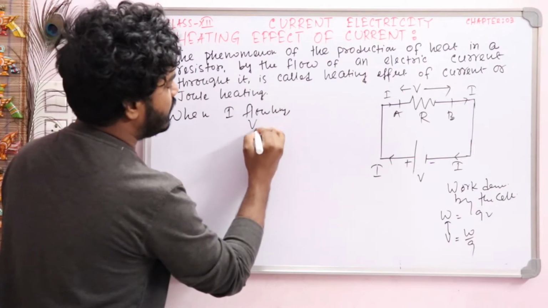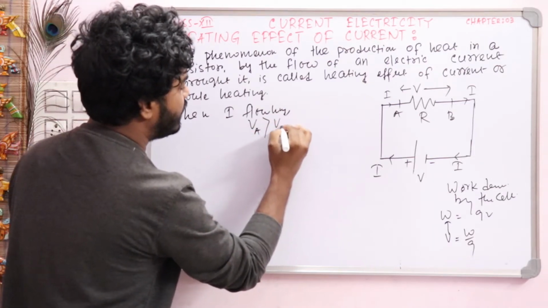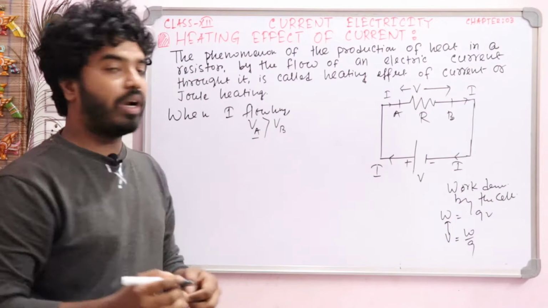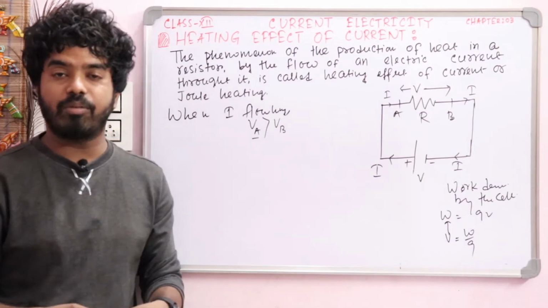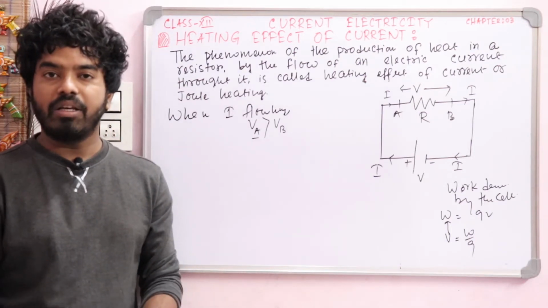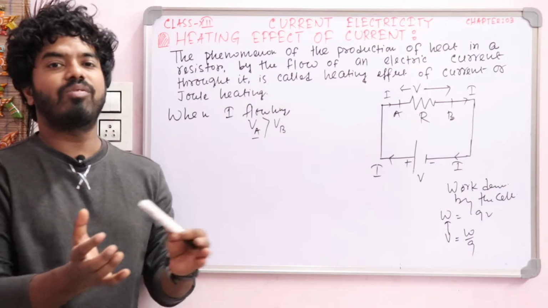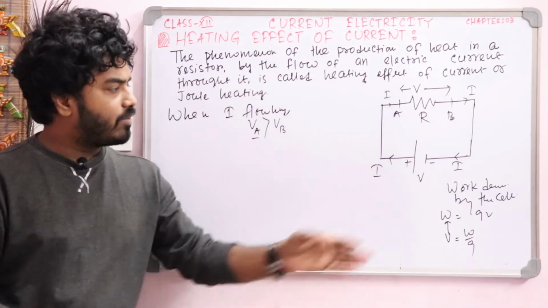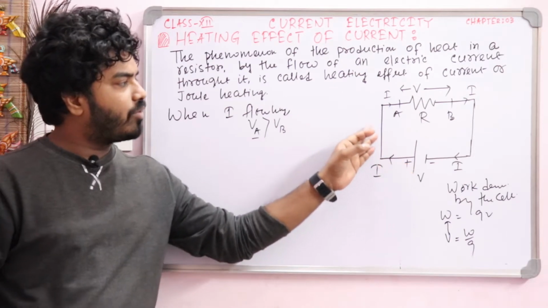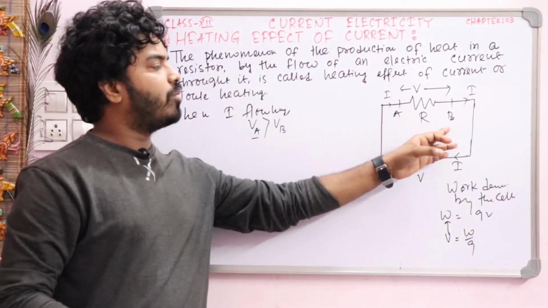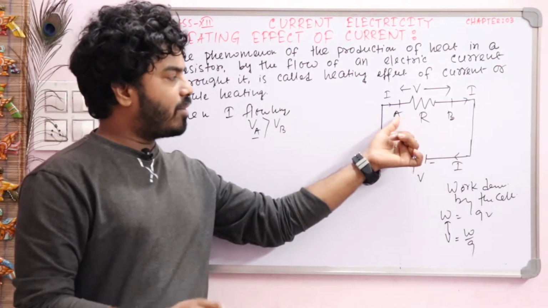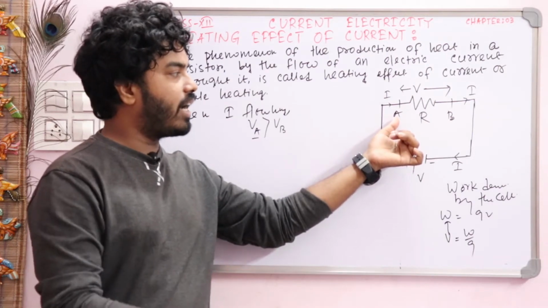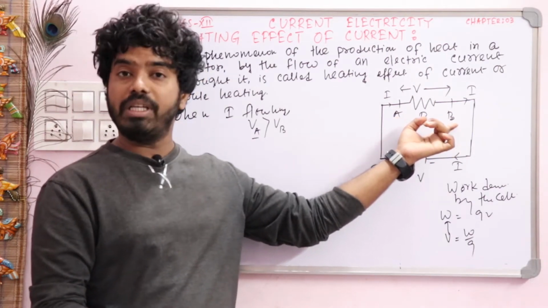Obviously we can write VA is greater than VB, that is, the potential at point A is more than the potential at point B. Question is why? All of you know the charge always flows from higher potential to lower potential. That means here charge is flowing from point A to B, so obviously the potential at point A is higher with respect to the potential at point B.